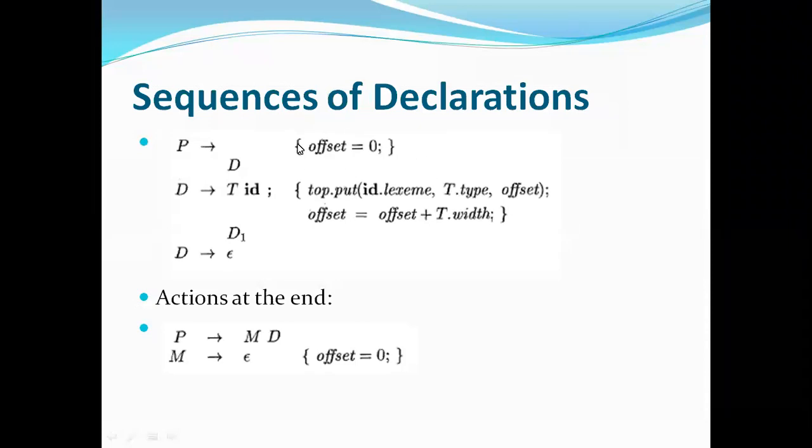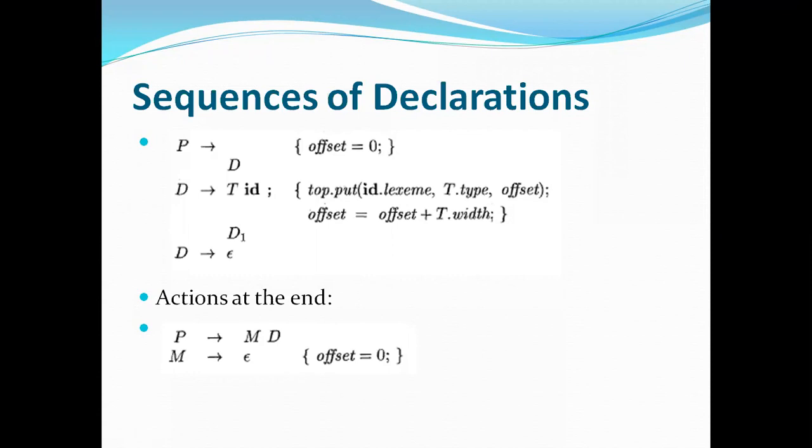Because when we enclose them with braces, that can be called a translation scheme. The action we performed here is enclosed in braces, right? So this can be called a syntax directed translation scheme, and we get this from syntax directed translation.